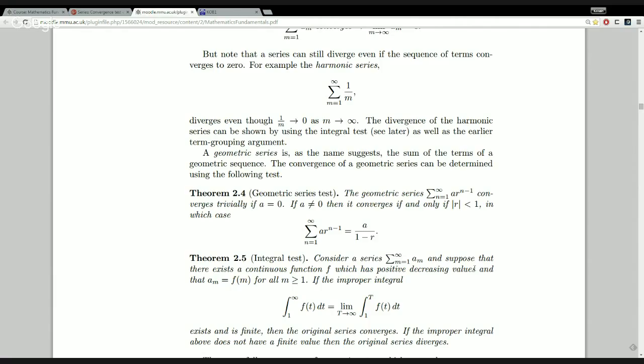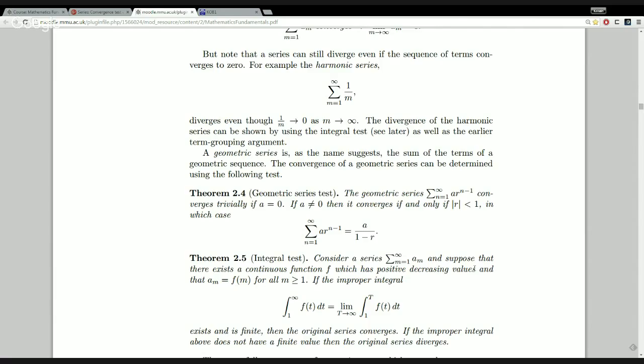Also, we now assume that a is not 0, because we've dealt with the a equals 0 case, so now we just have to deal with the case where a is not 0. Well, there are a few more trivial cases now. Maybe not so trivial, but still kind of trivial.